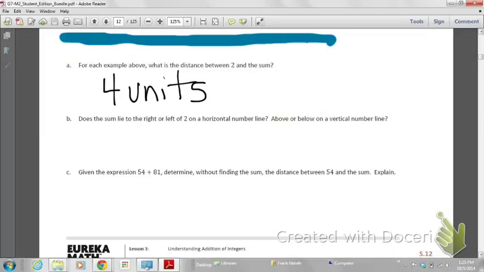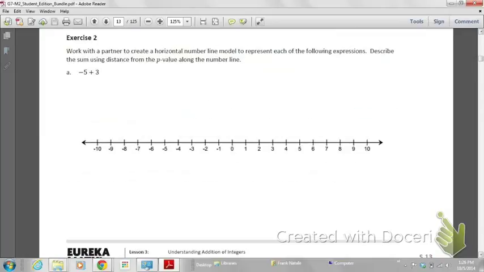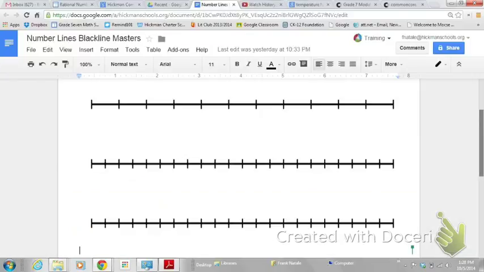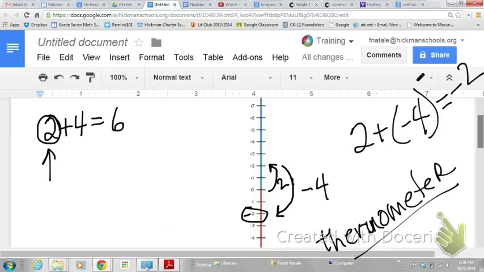And so vertical. We can actually do this on a vertical number line here. You can see for this one, the second one, the sum ends up at the bottom.